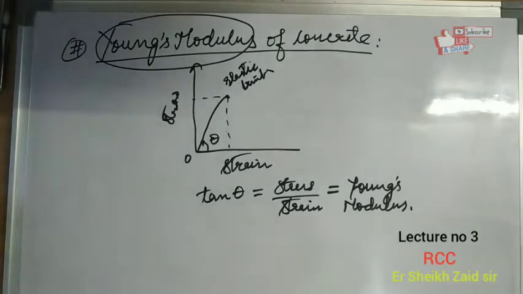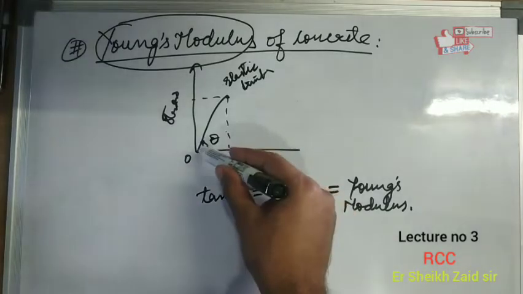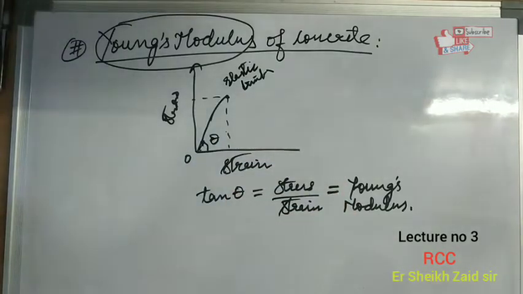So in terms of concrete, the Young's modulus of elasticity is the ratio of axial stress to the axial strain under uniaxial loading within the linear elastic range. For concrete under uniaxial compression, this is valid only in the very initial portion of the stress strain curve, which is nearly linear.